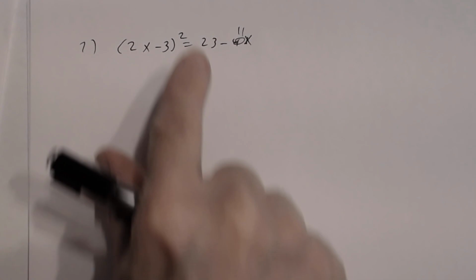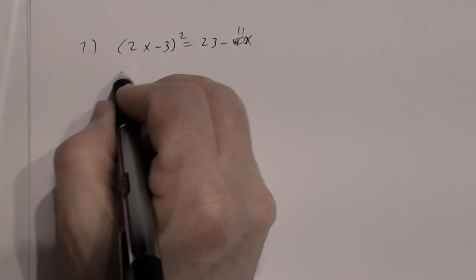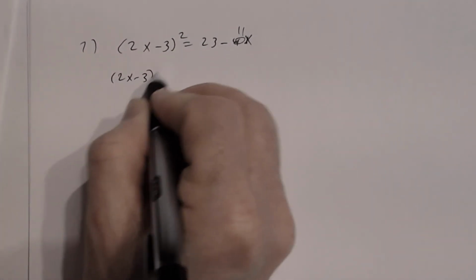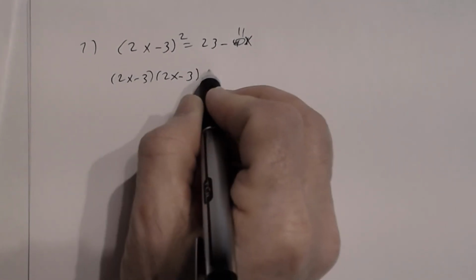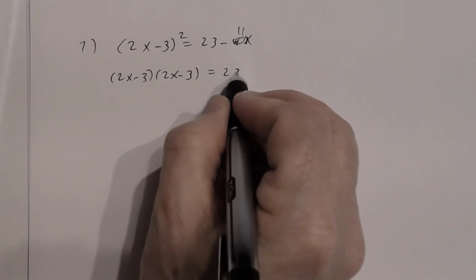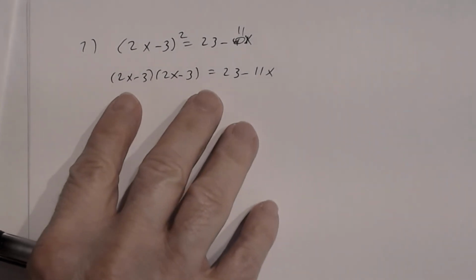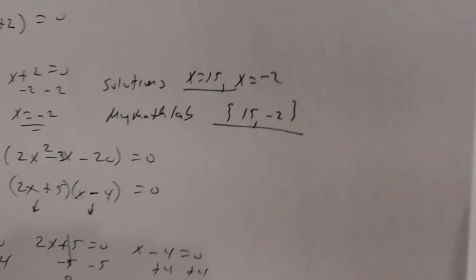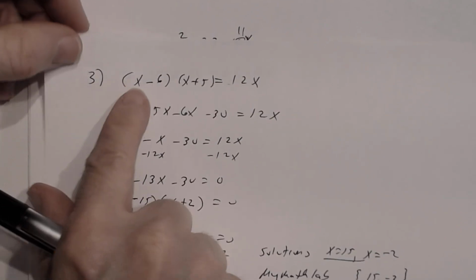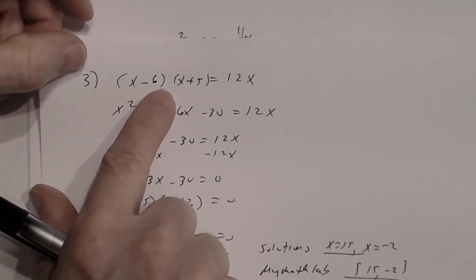Because if you remember, 2x minus 3 squared means 2x minus 3 times 2x minus 3, right? And that equals over here 23 minus 11x. So you're going to do this one just like you did number 3.